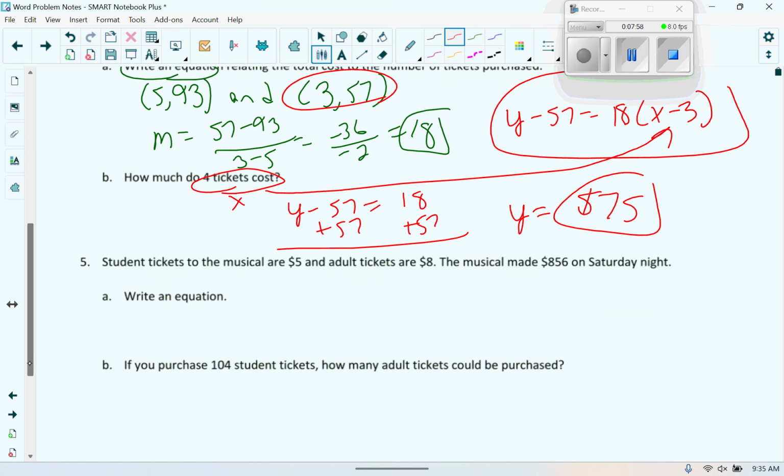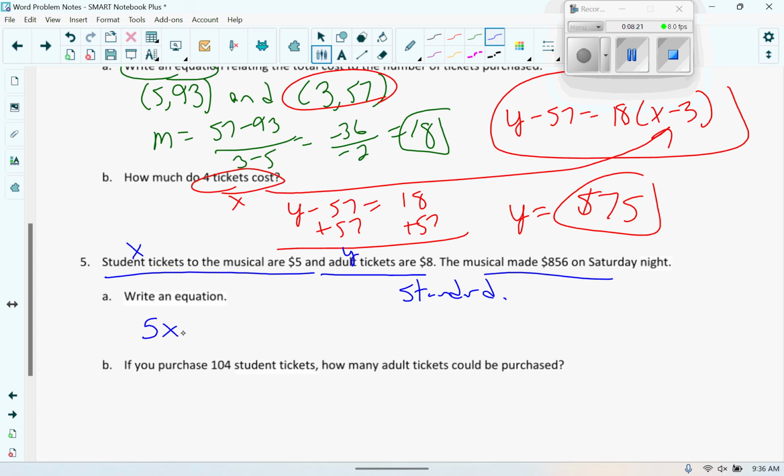Okay, this next one, student tickets are $5, adult tickets are $8, and the musical made $856. This is one for standard form because it's super easy if you think about it like this. If we call student tickets X and adult tickets Y, I'm going to say 5X plus 8Y is equal to 856. So easy peasy, we just read through.